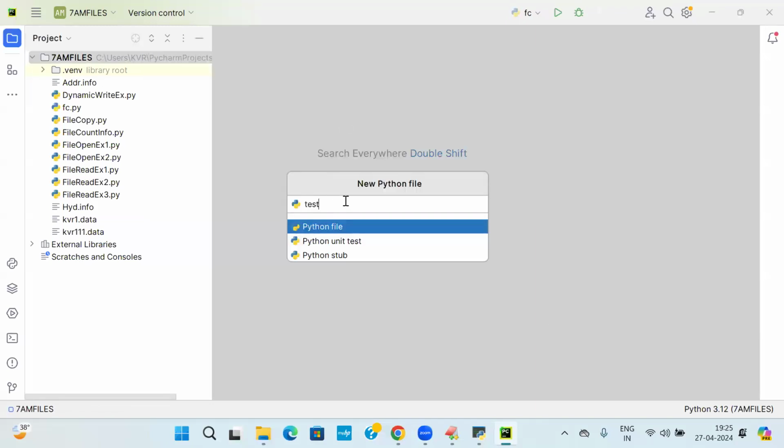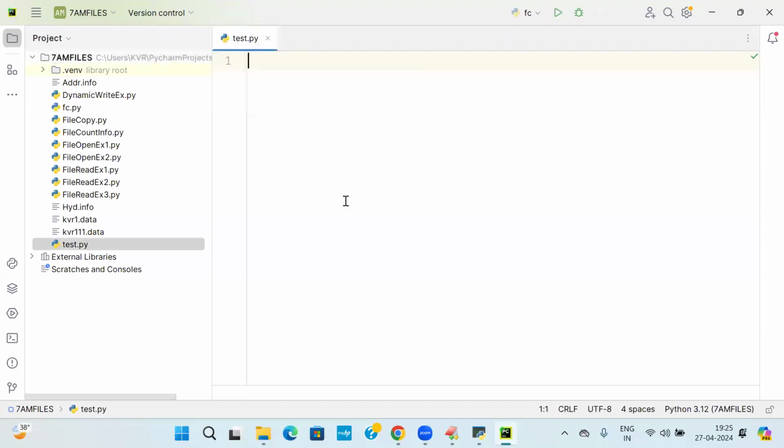See that test.py. At the beginning I said import math, import calendar, like that, no? Today I'm writing import, now I'm writing oracledb. See that red underline? Red underline indicates what? Error.